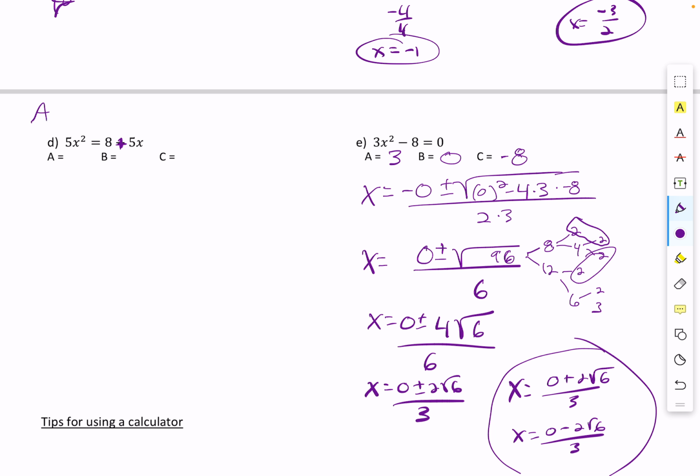I'm going to write A equals, B equals, and C equals up here. So how do I move the 8 over? There we go. Subtract it on both sides. Minus the 5x on both sides, because remember I changed it. So that's our standard form.